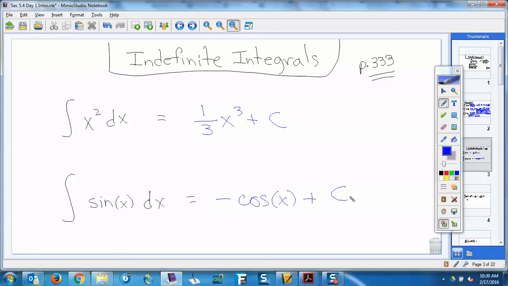The nice thing about antiderivatives is you can always check them by doing the derivative, which we have a set of rules to do. Derivative of cosine is negative sine, but then the negative would cancel the negative, be positive. Oh, it worked. Bring the 3 down in front, cancel the 1/3, you get x squared. C would disappear. Okay, it worked.